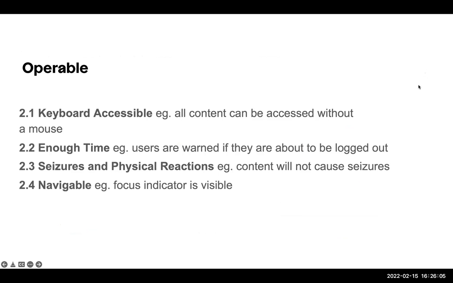All right, so let's move on to the next principle of WCAG, that the content needs to be operable. For example, 2.1, keyboard accessible. All content can be accessed without a mouse. This is one really big principle that we need to think of when we build a digital product.